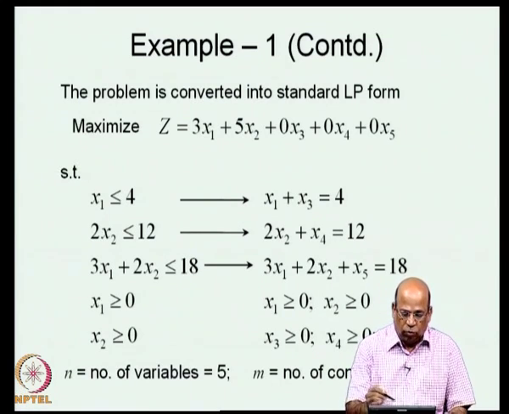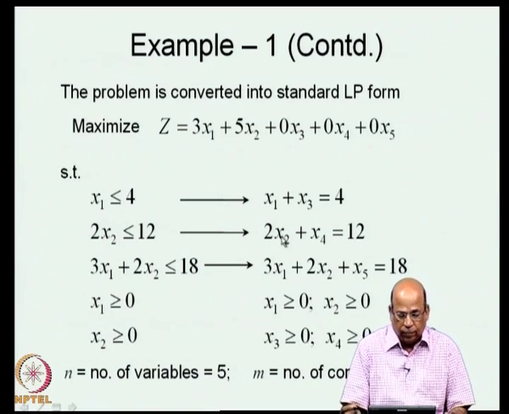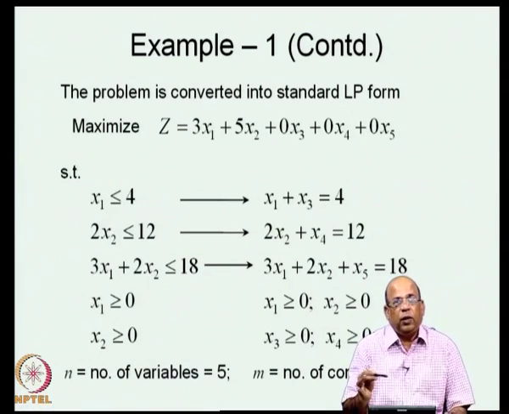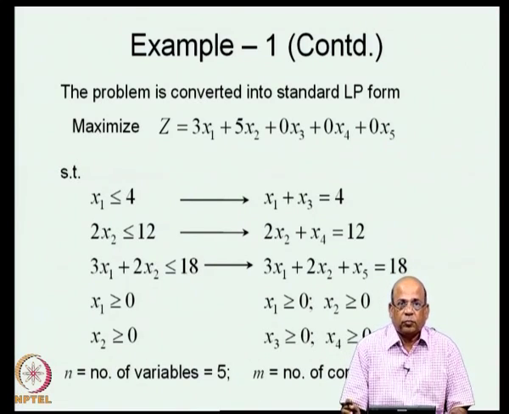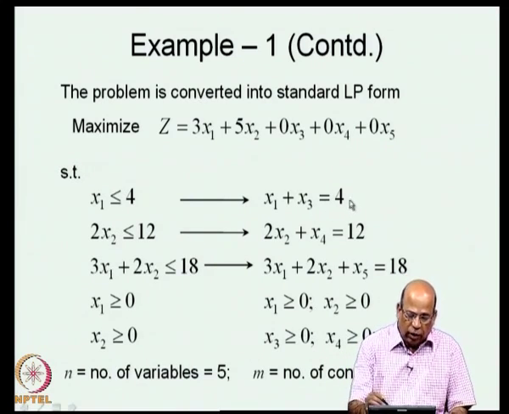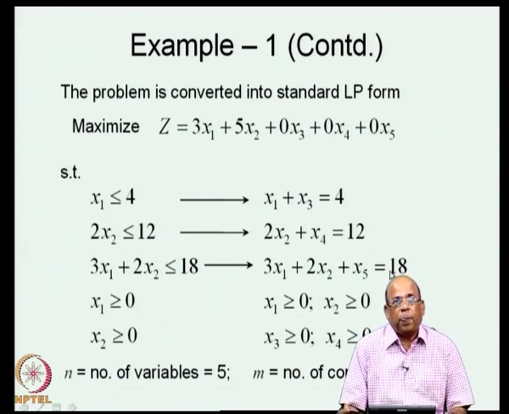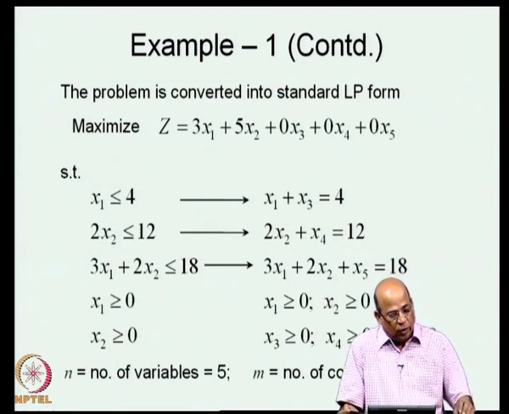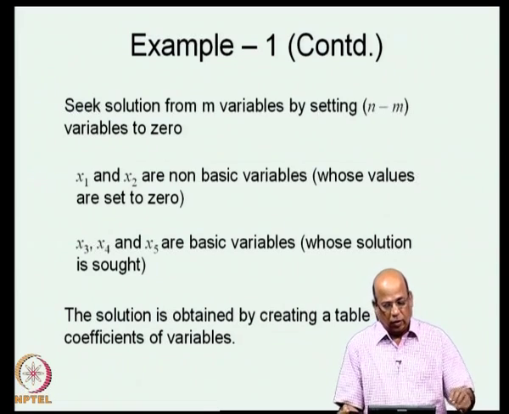So, x 1 equal to 0 and x 2 equal to 0, which means x 1 and x 2 are the non-basic variables which are set to 0, and then solve for x 3, x 4 and x 5. Now, this is done through a tabular form.